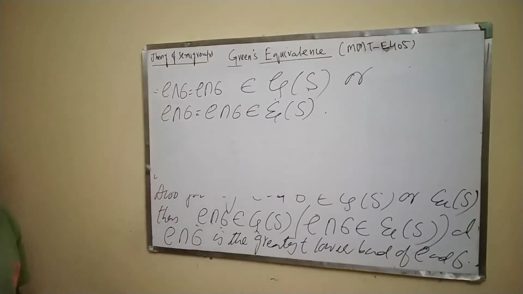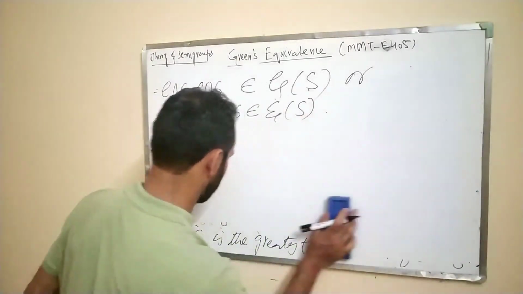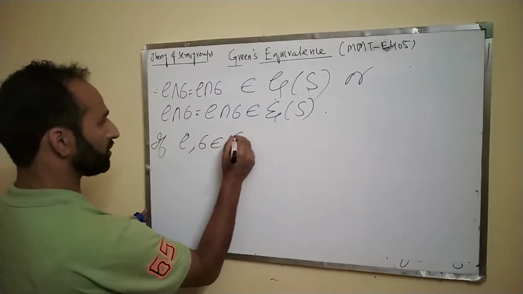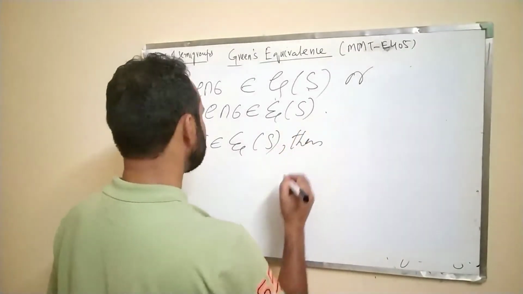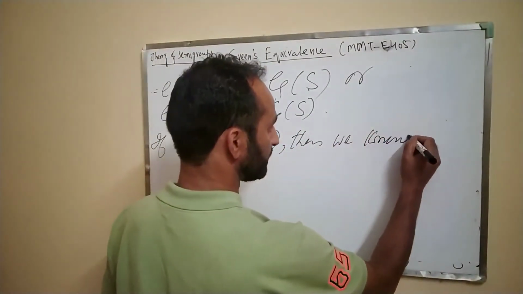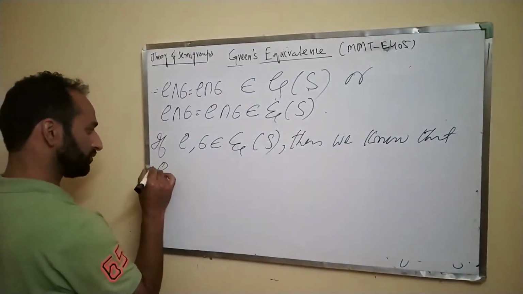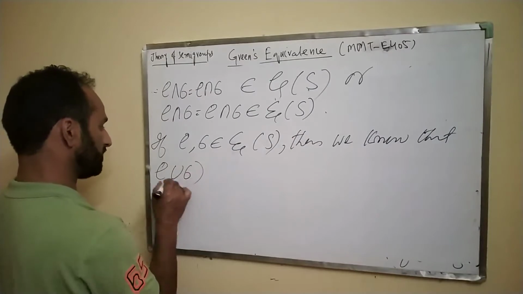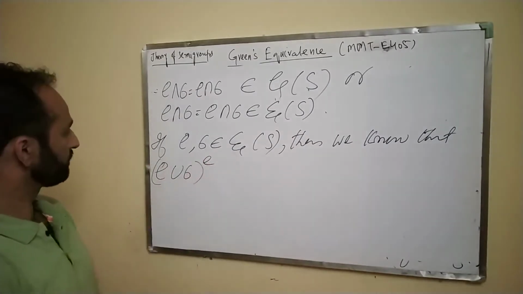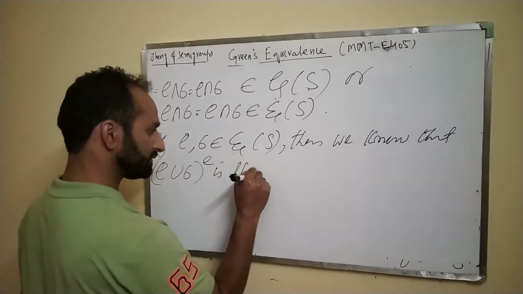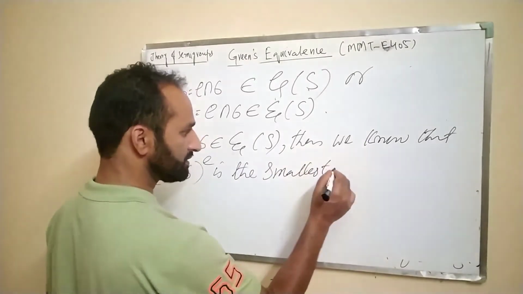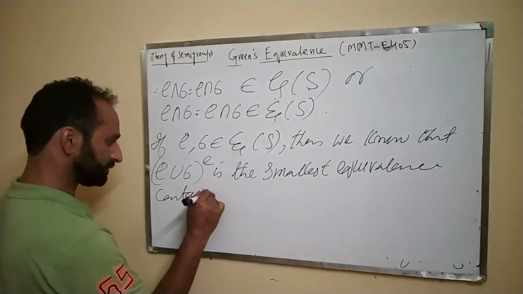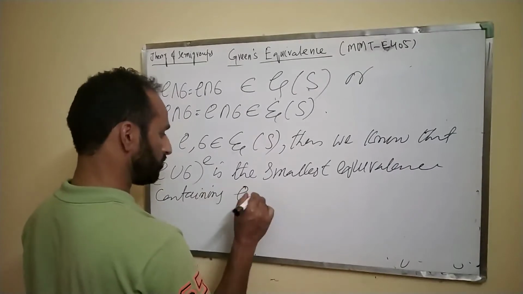Now we'll see that it's also closed with respect to the least upper bound. If rho and sigma belong to E of S, then we know that the equivalence generated by rho union sigma is the smallest equivalence containing rho and sigma.